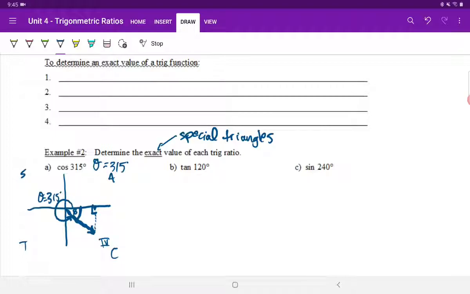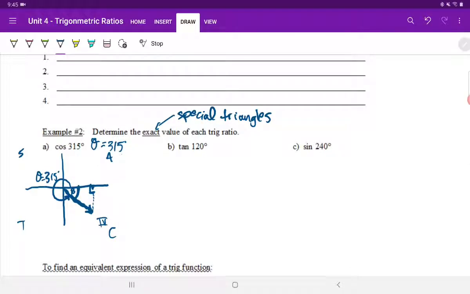So let's find beta as my step 2. How are you going to find the related acute angle? Well, if we go all the way around to 360 and subtract 315, we should get what's left over in that related acute angle. And look at that, we do end up getting a special triangle of 45 degrees.